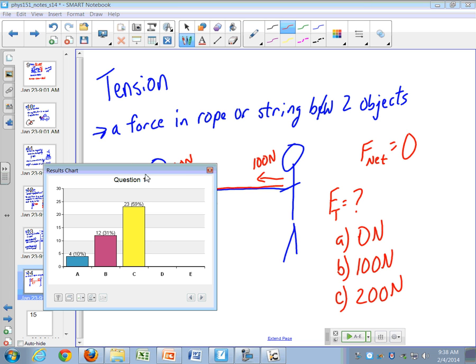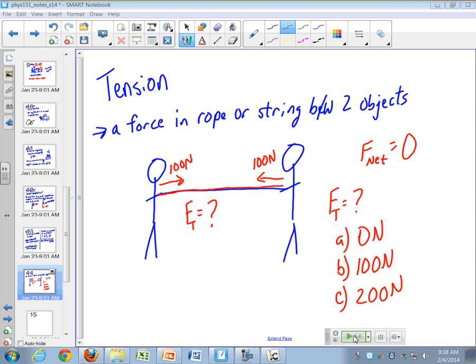Let's try this question again. See here, most of you put 200 newtons. Let's try it again. I'll give you till 30 just to get your answer in.